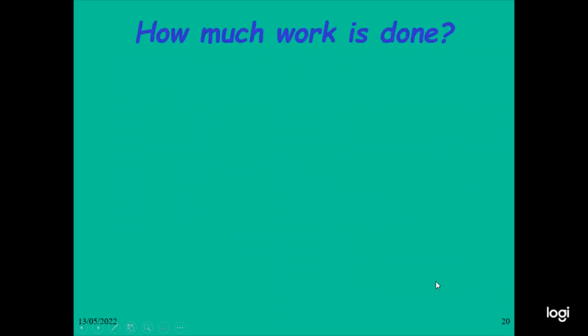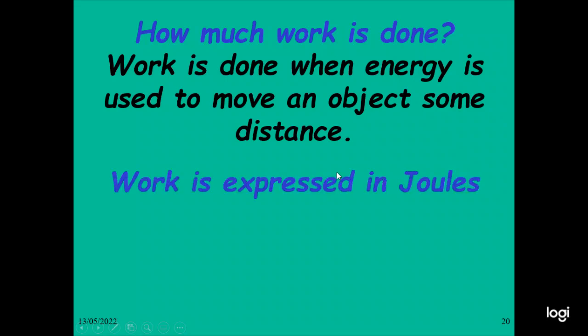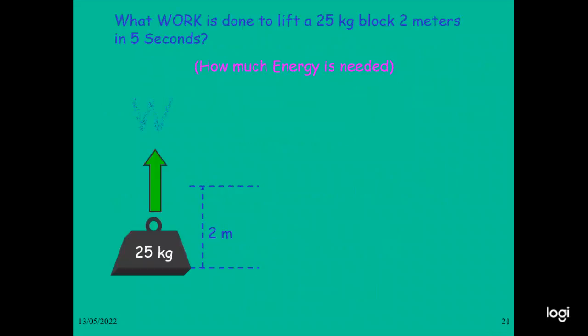How much work is done? What is the energy used to move the object some distance? It is measured in joules. So work equal to energy, and energy is also equal to work. What work is done to lift the 25 kilogram block 2 meters in 5 seconds? So how much energy is needed?